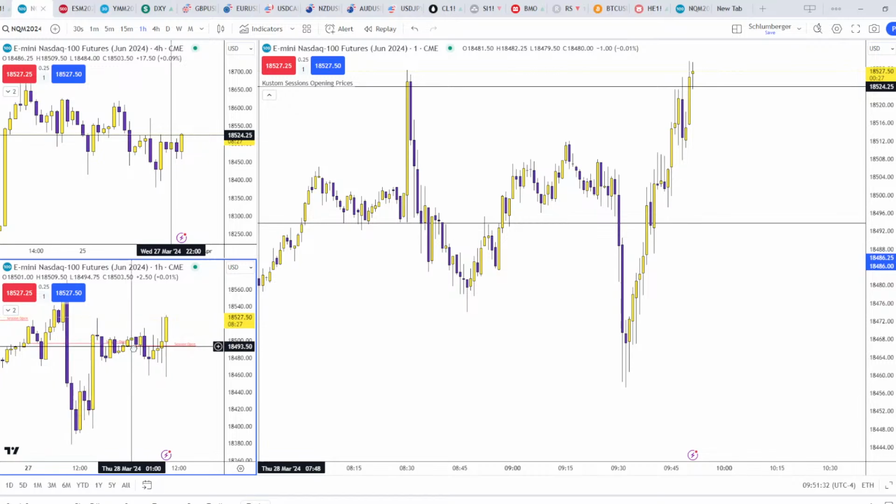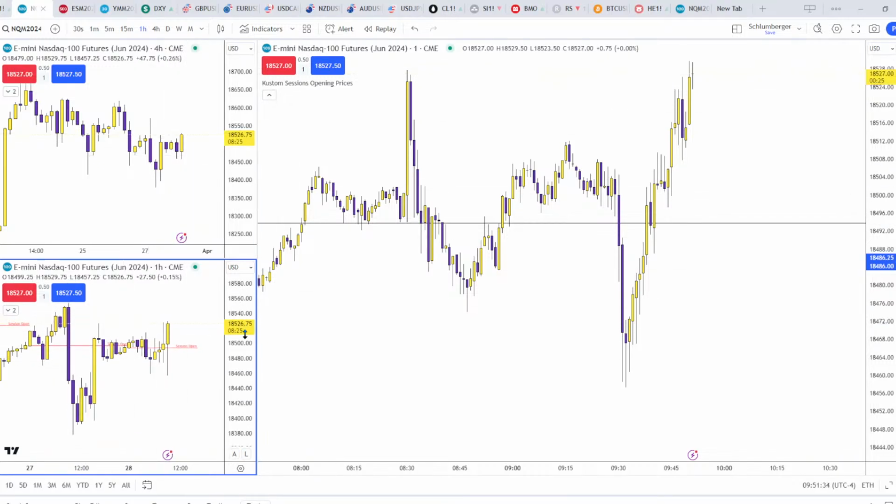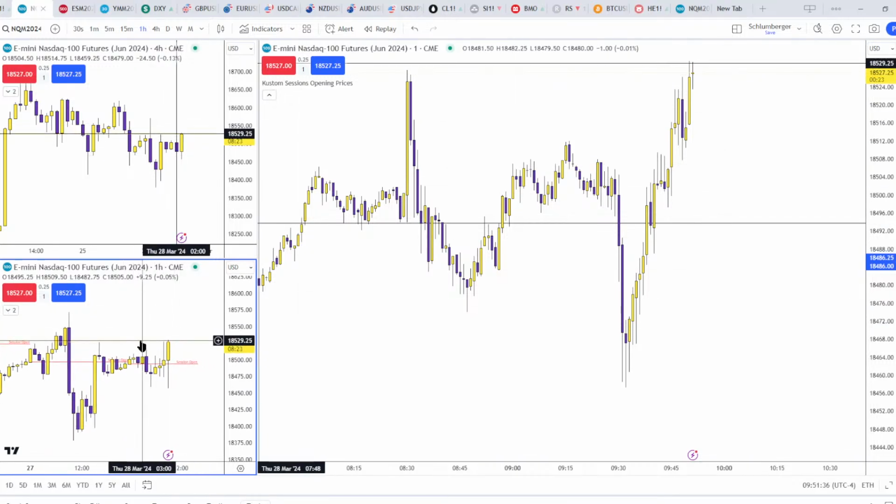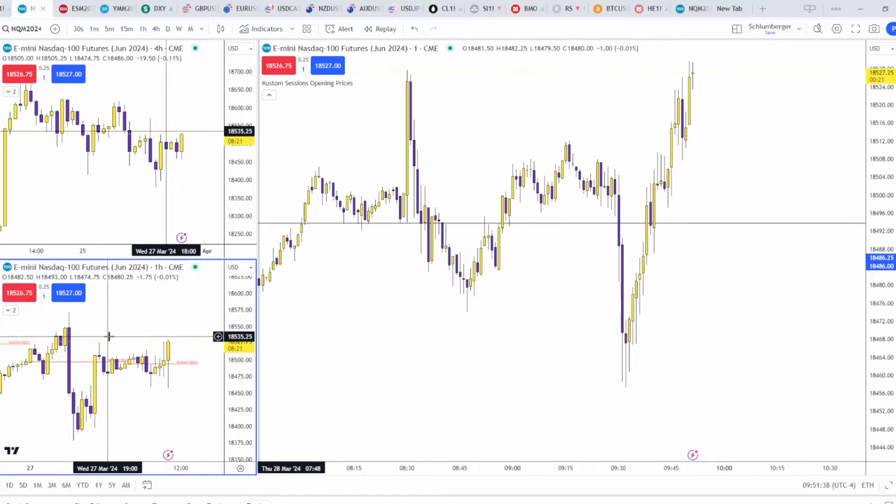One-hour chart. What are we looking for on a one hour chart? Right there, 18,535.